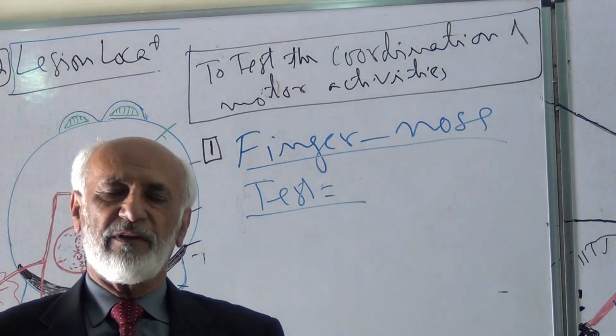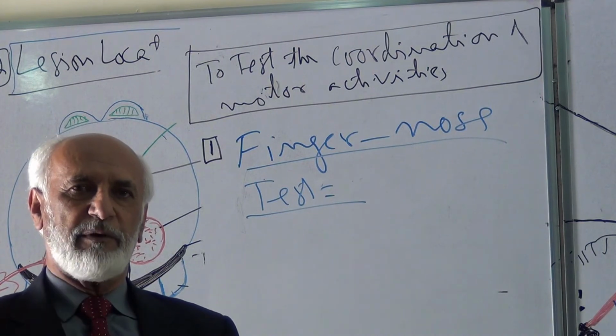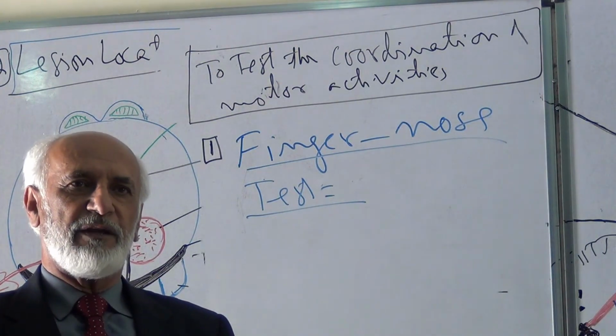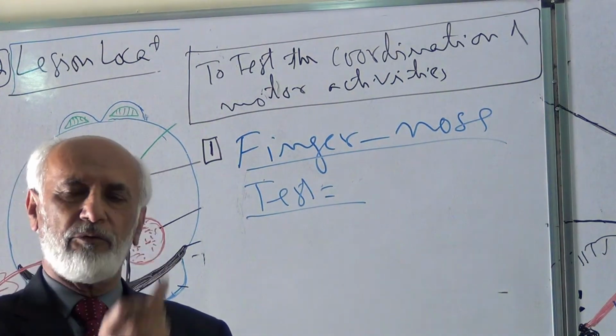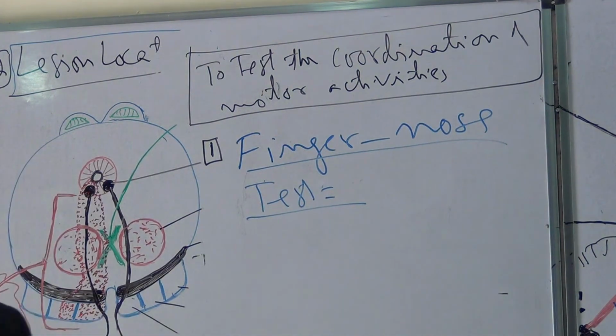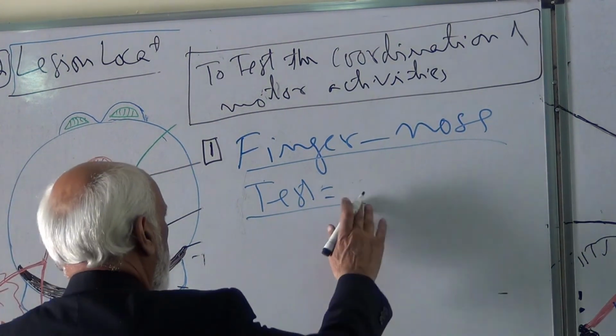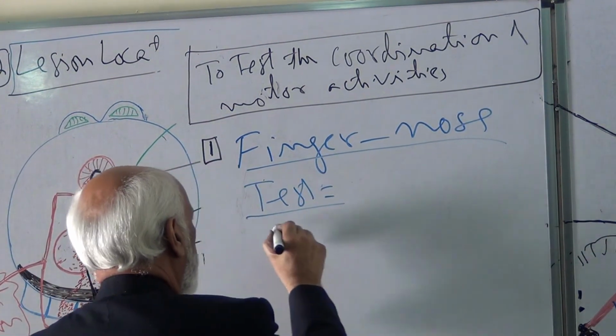If it is normal muscle coordination, it will be performed perfectly. But if there is a lesion and there is incoordination, he may not be able to touch the tip of the nose. So the finger nose test will fail. When there is muscle incoordination, it will result in dysmetria.